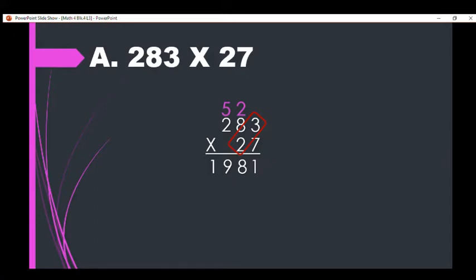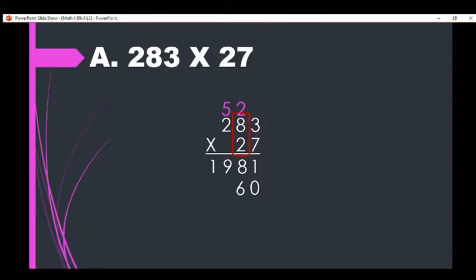2 times 3, that is 6. So we need to put 6 aligned with our tens. Did I put 0 beside the 6? Okay, very good. So that we are not confused, we need to align our following numbers based on our multiplied number.